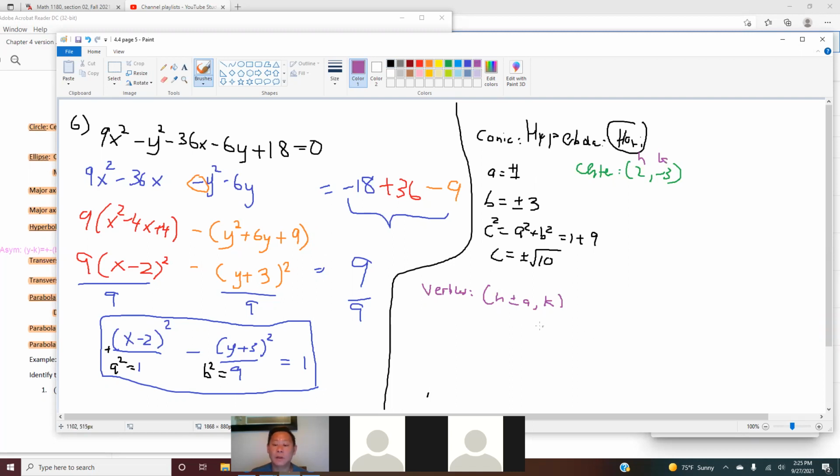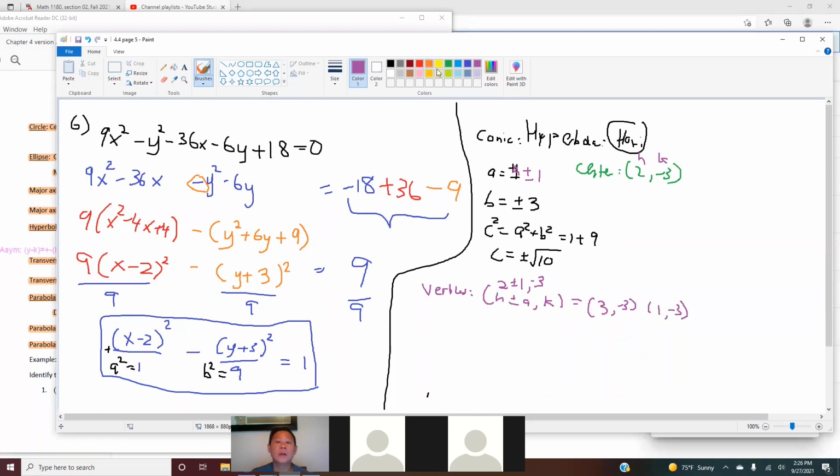A is 1, right? Sorry, it's plus minus 1. So it will be 2 plus minus 1, 3, right? -3. So what are your vertices here? 3, -3. And what? 1, -3, right?